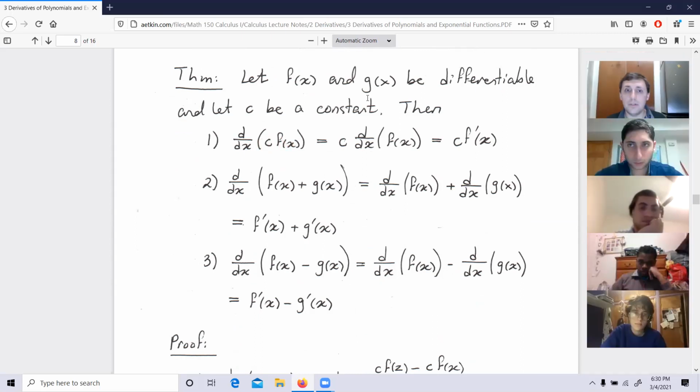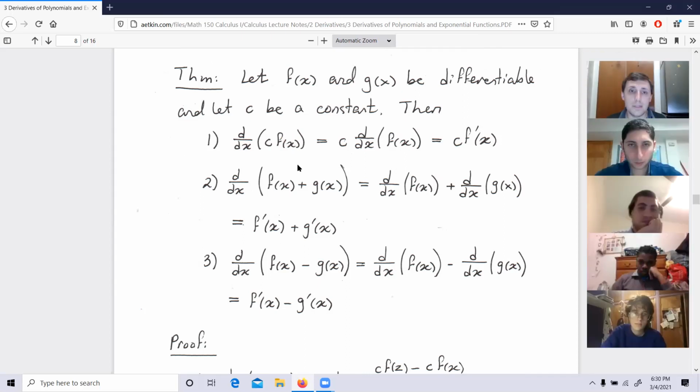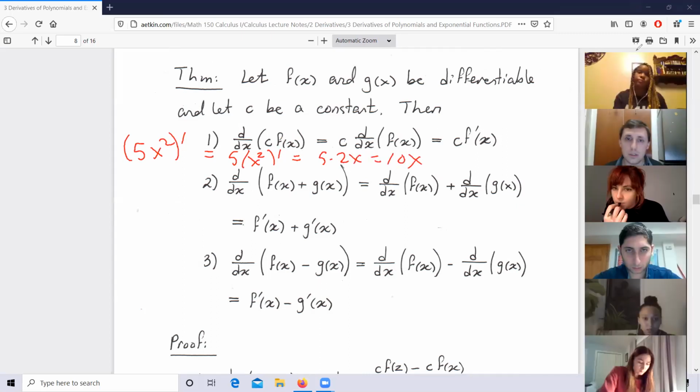The derivative of 5 times this function is just the derivative of the function multiplied by 5. Do you understand what I mean? So this first procedure allows me to carry derivatives of this form. For example, if I have 5 times x squared, I now know that the derivative is simply 5 times the derivative of x squared, which is 5 times 2x, which is 10x. I can do those procedures if I establish law number 1.